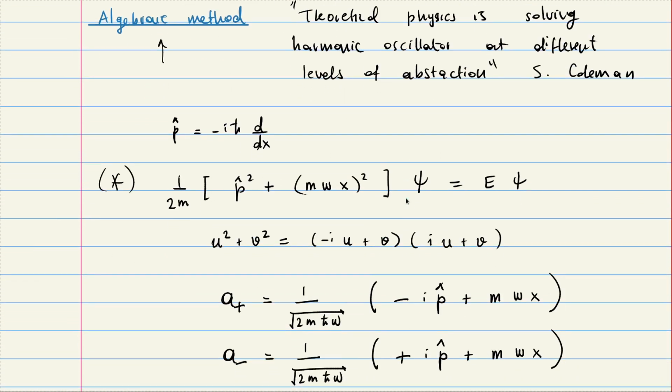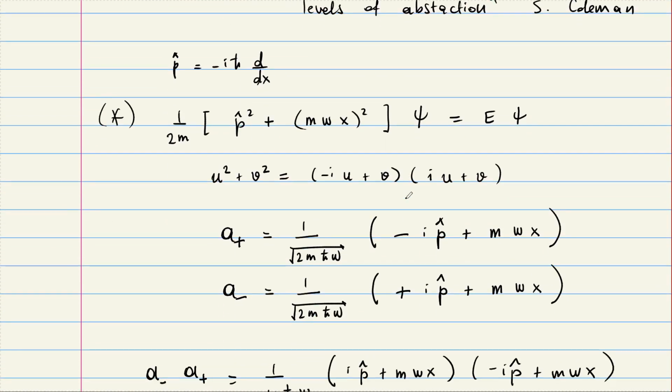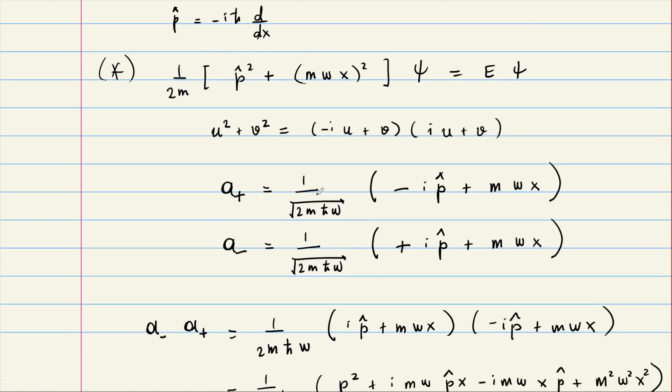And what we said is that any object in the form of u squared plus v squared can be decomposed into product form, something like minus iu plus v times plus iu plus v. Good. And with that motivation, we defined a plus and a minus.